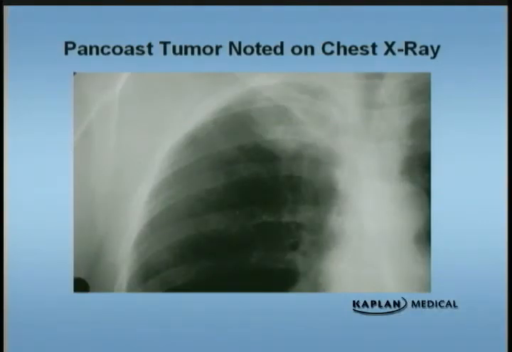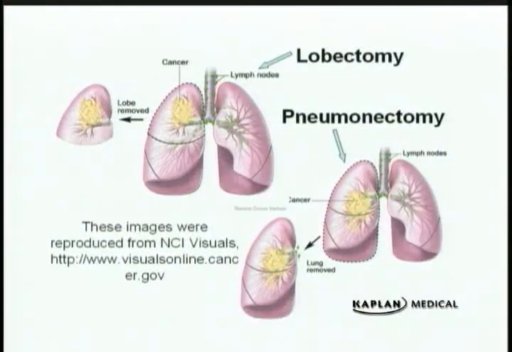Here is an example for you of a Pancoast tumor at the apex of the lung. This is an inoperable lesion. And here is a reminder for you that a peripheral lesion could be resolved with a lobectomy, whereas a central lesion would need a pneumonectomy.